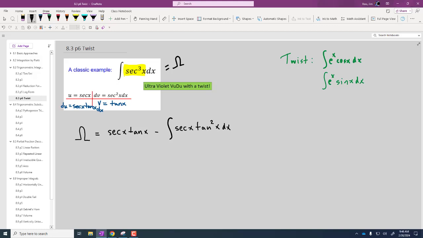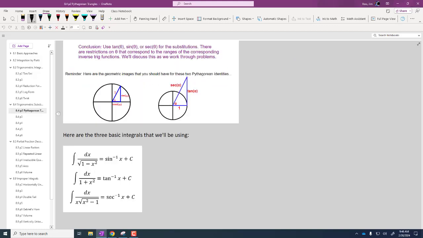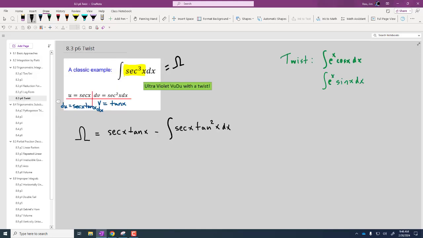So we're going to rewrite tangent squared. We have that cool identity, which hopefully you have down pat by now. We know our secant tangent identity really well. That image tells it to us. 1 plus tan squared is secant squared. So let's try that and see what happens.